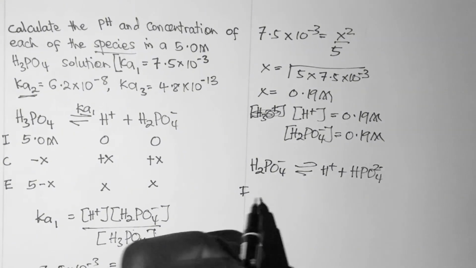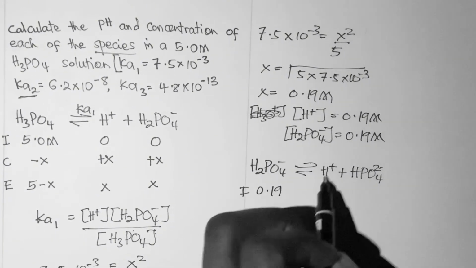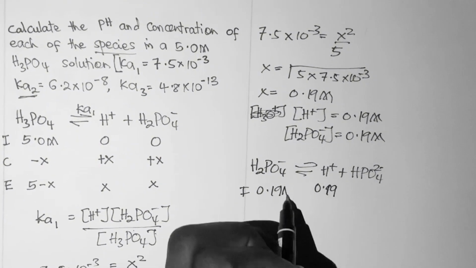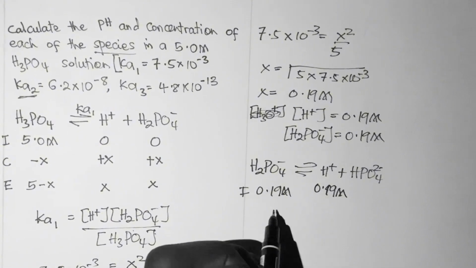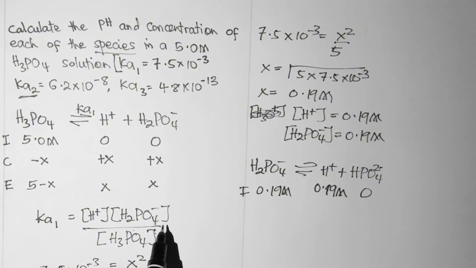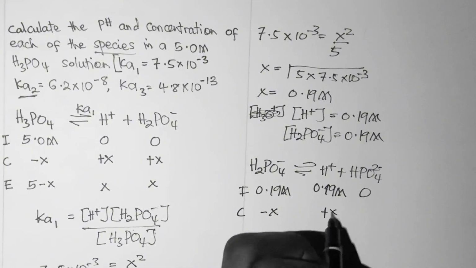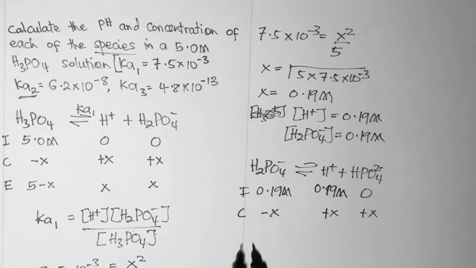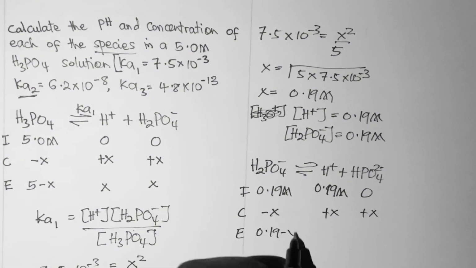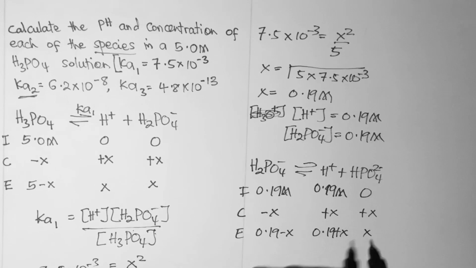That's what we found here, 0.19 molar. For the H plus, it's also 0.19 molar. But this is 0 for the initial concentration. Then the change here will be minus x, here plus x, and here also plus x. The equilibrium concentration here will be 0.19 minus x, here 0.19 plus x, and here x.